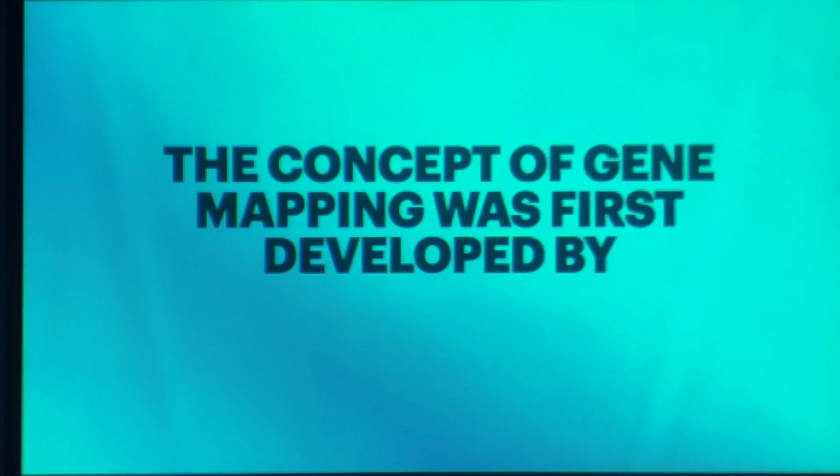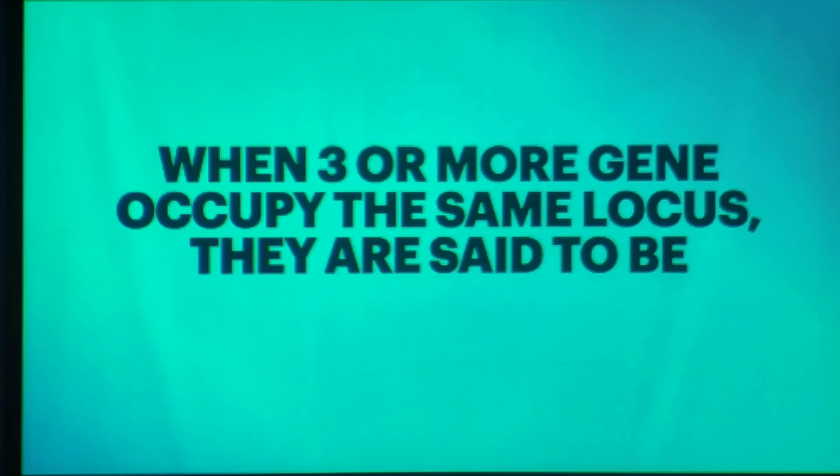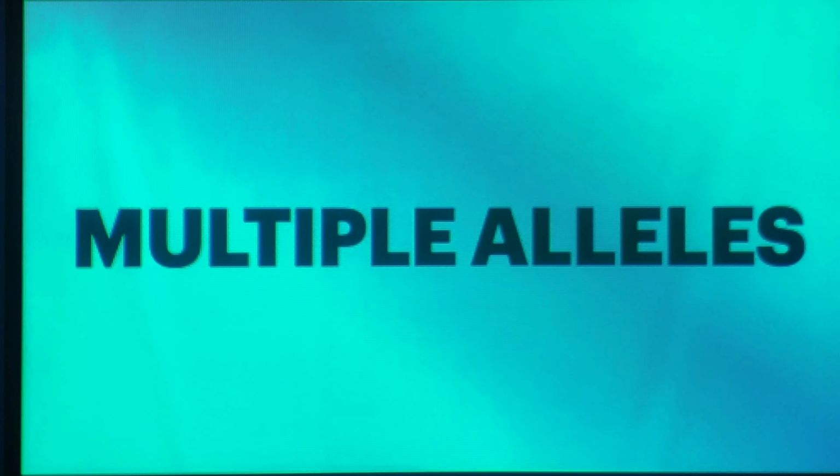When 3 or more genes occupy the same locus, they are said to be multiple alleles. In which condition of chromosome no crossing over occurs? Multiple alleles. Which plant shows self-sterility naturally? Nicotiana. Pollen from a plant is unable to germinate on its own stigma is called?